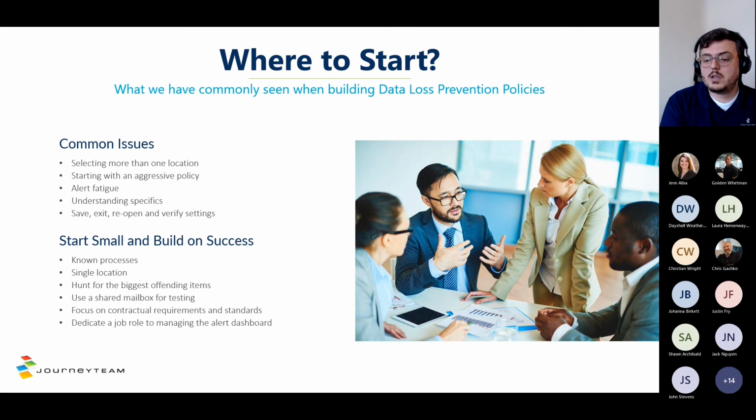Are we keeping that data? How long are we keeping that data for? Are we encrypting that data as it goes out? There are a lot of interesting things you can do once you understand the pockets of business processes that are working with sensitive data. Make sure you're focusing on a single location, and then look for those biggest offenders.